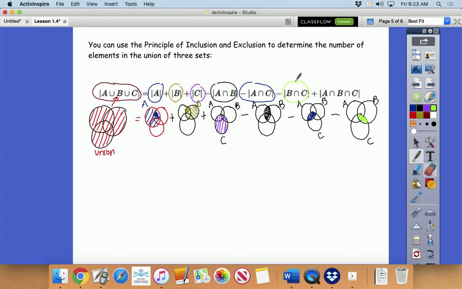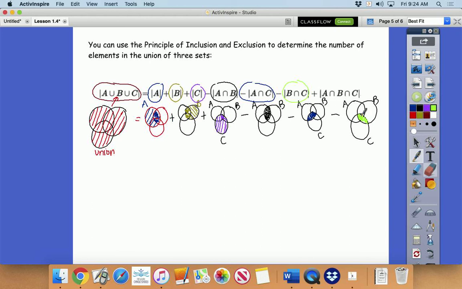And finally, if you guys noticed, you see how we had over here, we had the intersection counted once, we had it counted twice, we had it counted a 3rd time, but then when we went to the next steps, we subtracted those 3 parts. Again, we subtracted the intersection 3 times, so we don't have the middle shaded.